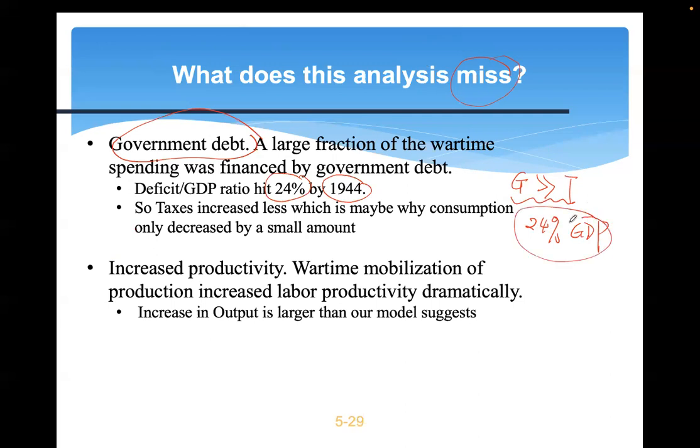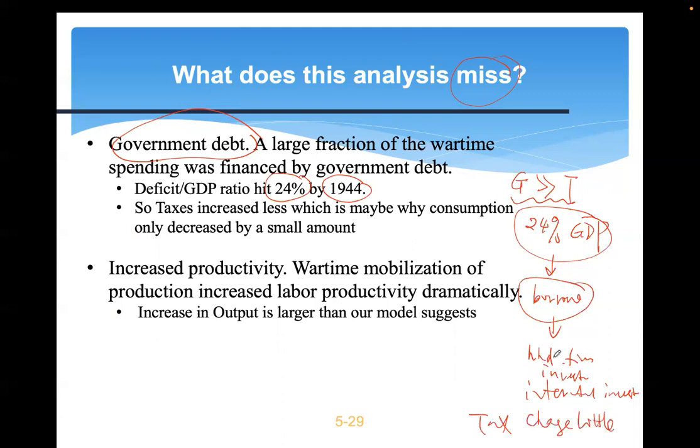They are going to borrow, from domestic households, firms, investors, or international investors. As a consequence, taxes change little because the government largely relies on debt borrowing to finance the war effort.